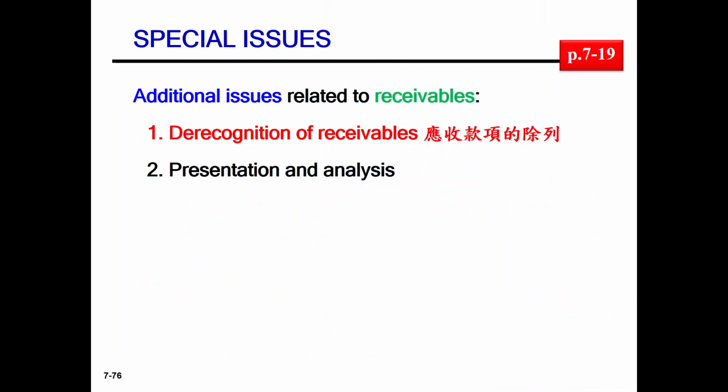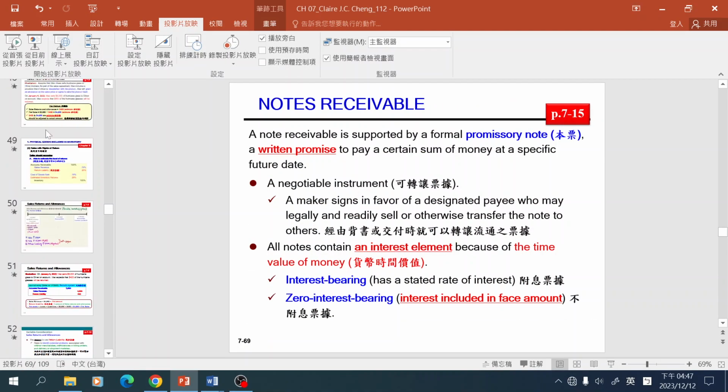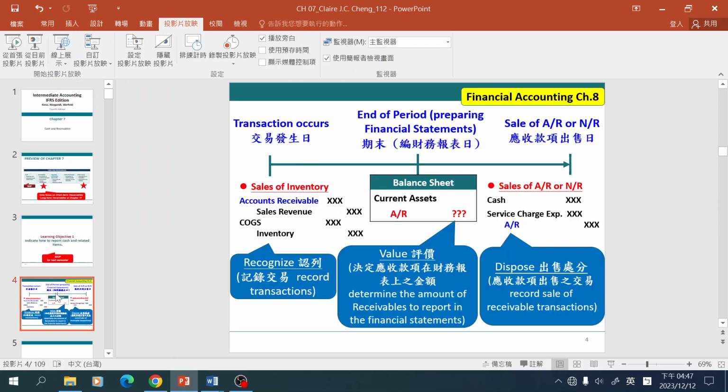Okay, then let's talk about the third point of time. So what's the third point of time? In case you forgot again, we talk about it right now: when we want to remove our accounts receivable from our accounting books. When we want to sell our accounts receivable, could you sell accounts receivable to someone else?